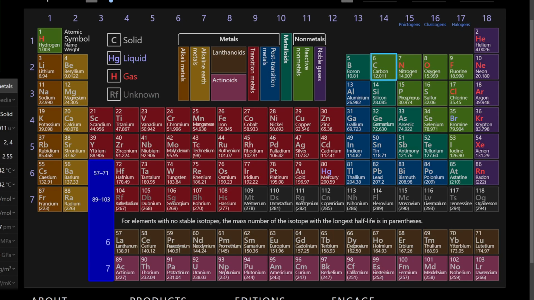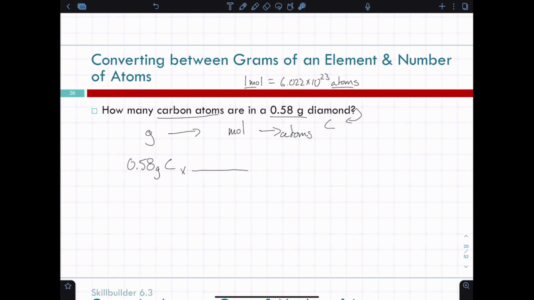For carbon, that's 12.011. So 12.011 grams of carbon equals 1 mole of carbon. We want to cancel out the grams, so 12.011 grams of carbon on the bottom, 1 mole of carbon on top.